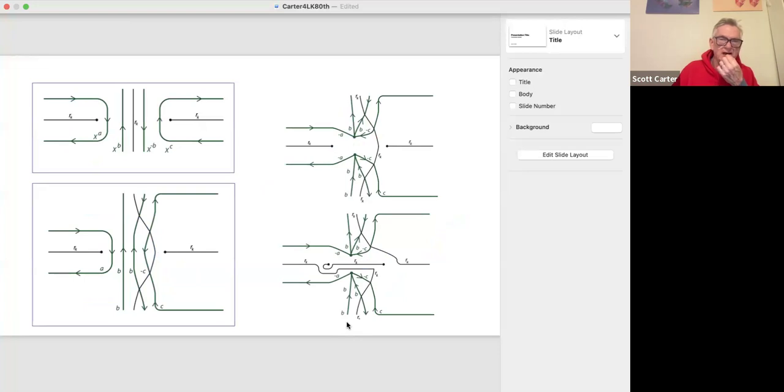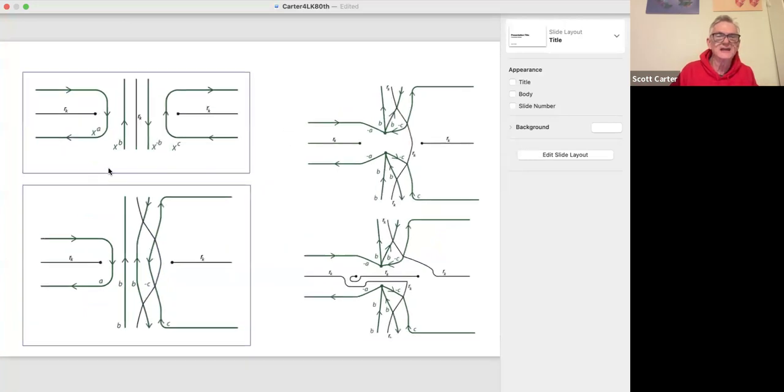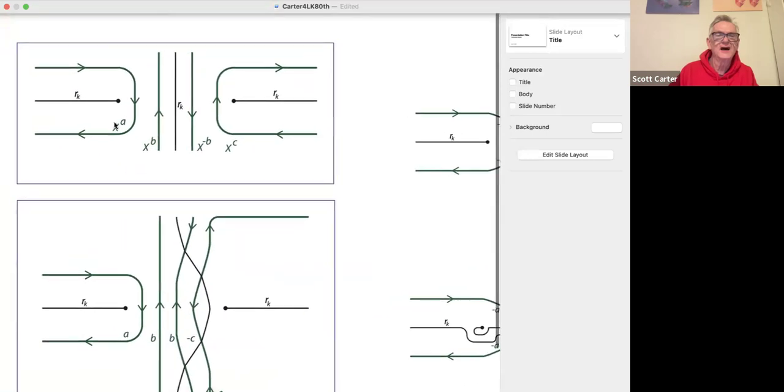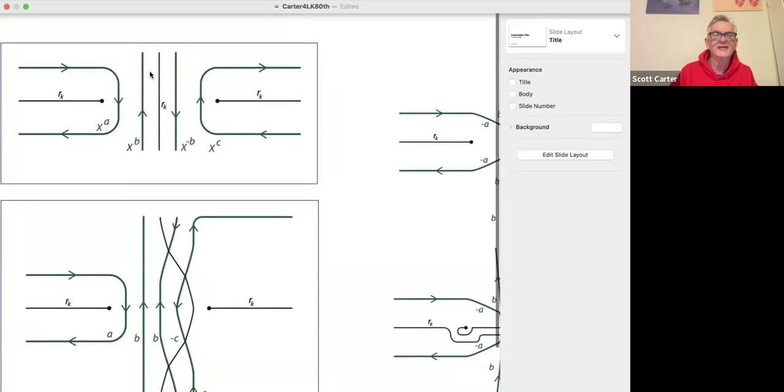Okay, so, right. The next slide shows, in general, if I have a dihedral cover of S3 branched along a knot, then I can think about the dihedral cover as the 2b minus a situation. So I put this reflection, I conjugate by a copies of x, and then this thing's going to be conjugated by b copies of x, and this last thing's going to be conjugated by c copies of x.